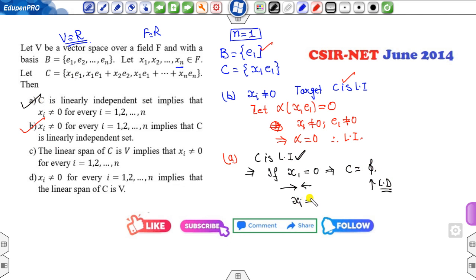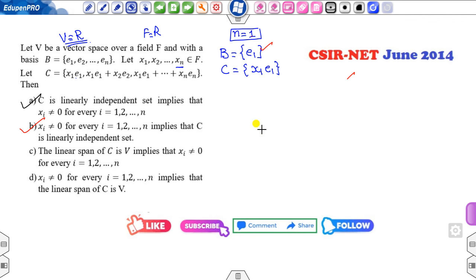Therefore, Xi is always non-zero. Look at the third option. The linear span of C is my V. What is my C? C is x1, e1, and so on. This is a span, fine.